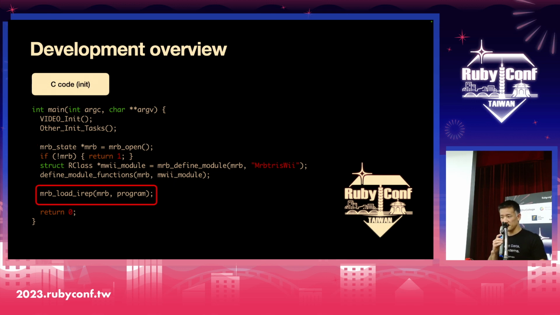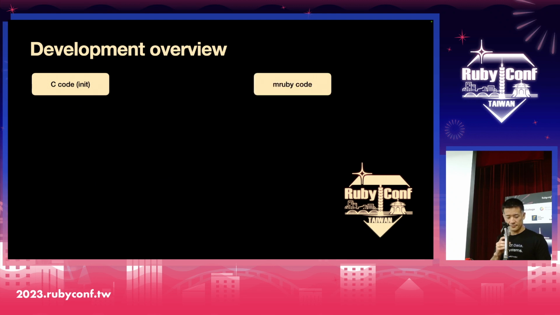And this part is where the program is loaded. Here, program is defined elsewhere. It's the bytecode of your program, and it starts mruby. And when it's done, it exits. So that's the loader part of the C code.